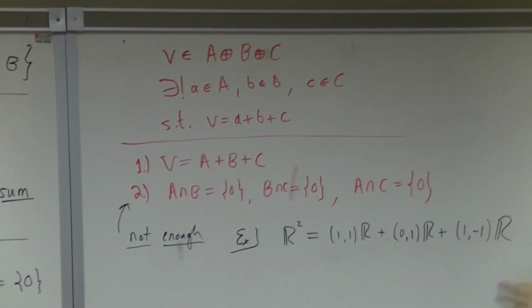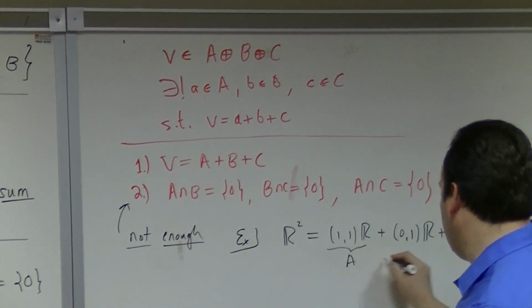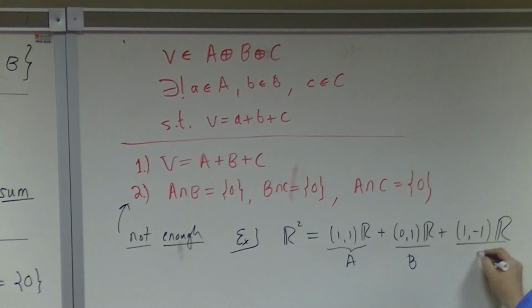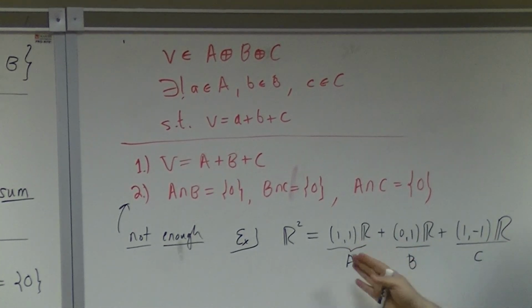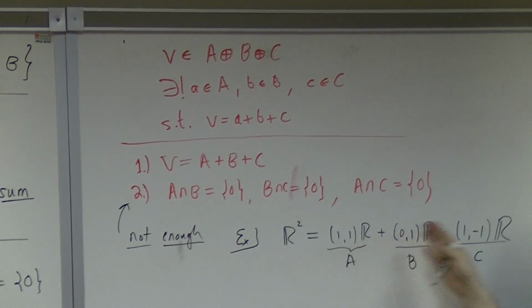If you think of this as being A, this as being B, this as being C, you can see that the intersection of any pair of those is 0, because these are not collinear, and yet certainly it's not going to be a direct sum decomposition.